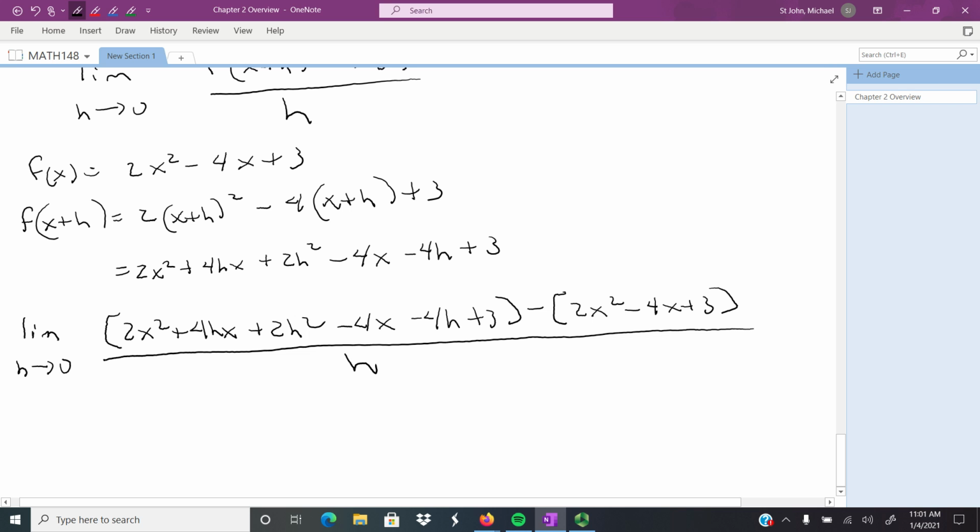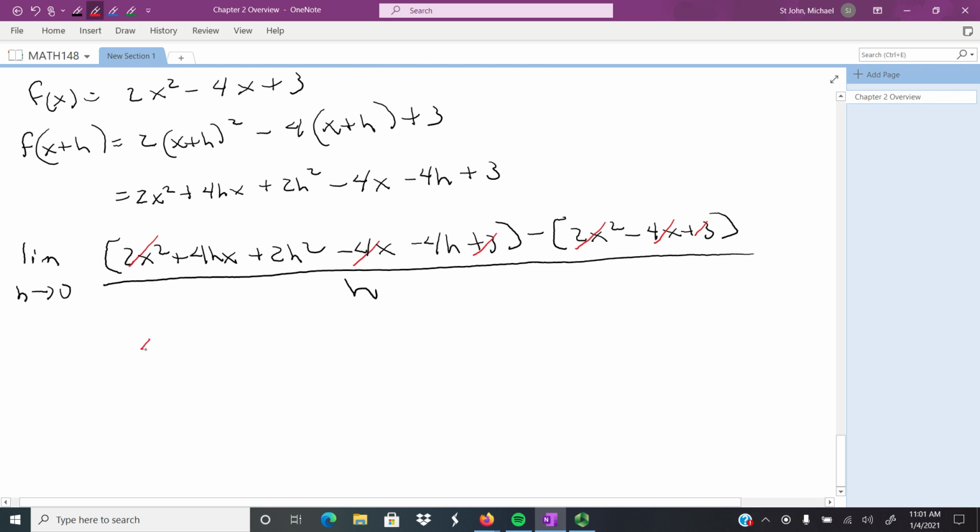And then again, we can do some canceling. So 2x squared, 4x, 4x, and the 3 and the 3. So that leaves us 4hx plus 2h squared minus 4h over h.